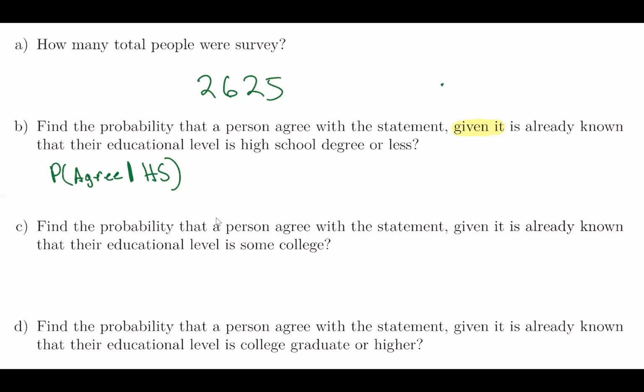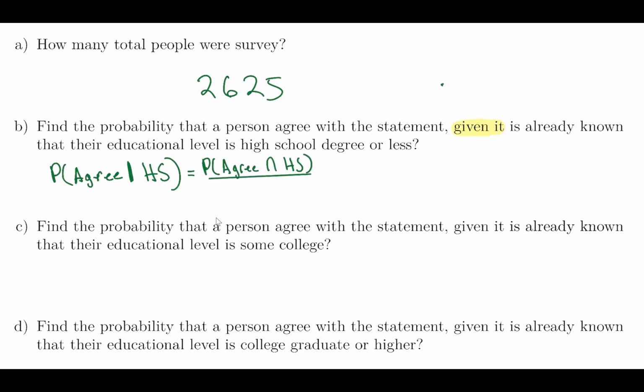Any question in regard to this so far? All right, so let's go ahead and do this problem. For this one, if I'm using the formula with the probability that they agree with the statement and they have a high school education or less, what should I divide it by?